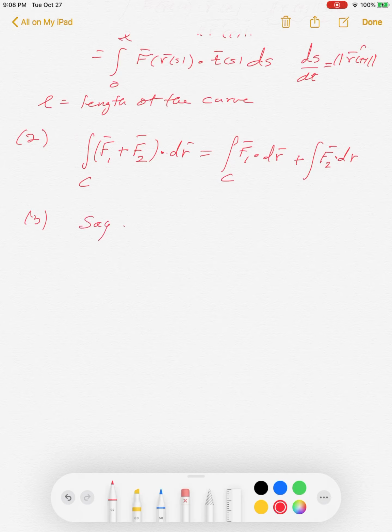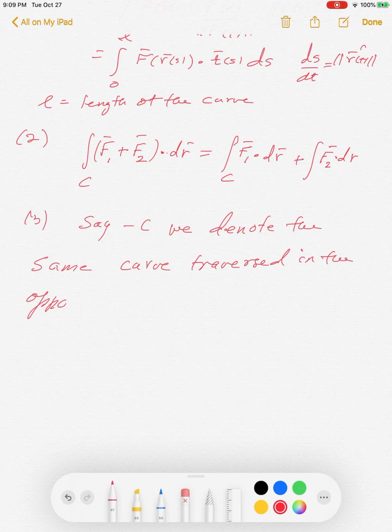Property number 3, and that is, I will denote, say, by minus C the same curve but traversed in the opposite direction.